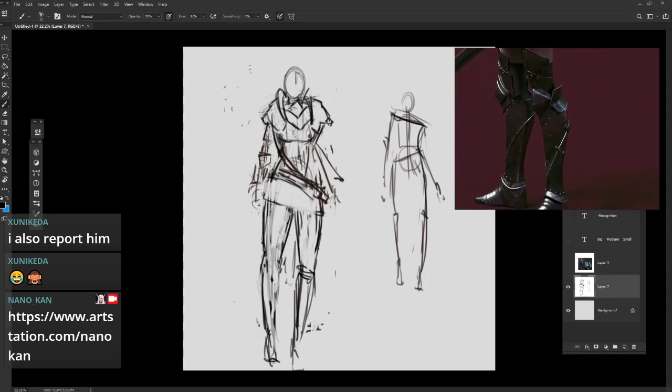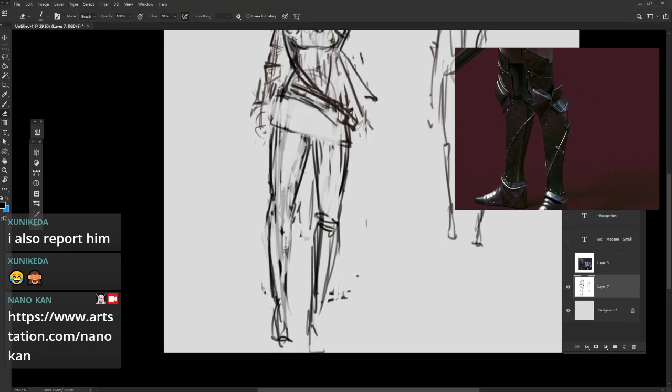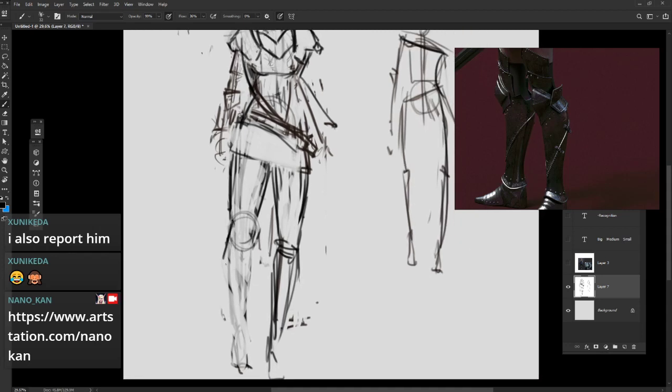I like those boots. Maybe I break the foot down again. Maybe I change the direction from here.